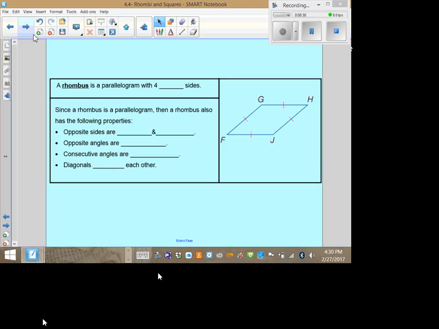A rhombus is a parallelogram with 4 congruent sides. And since a rhombus is a parallelogram, the rhombus also has the following properties. Note again, the opposite sides are parallel and congruent.